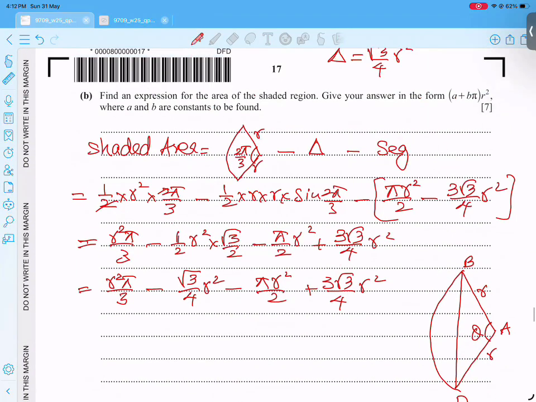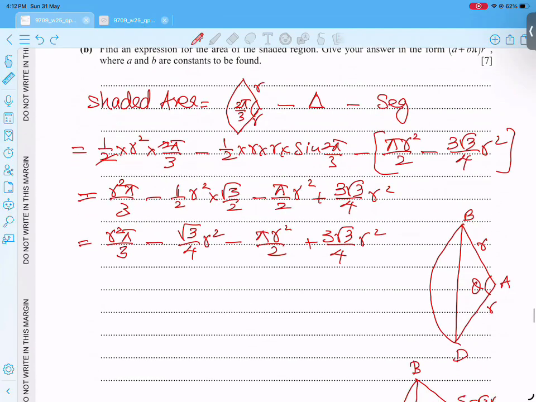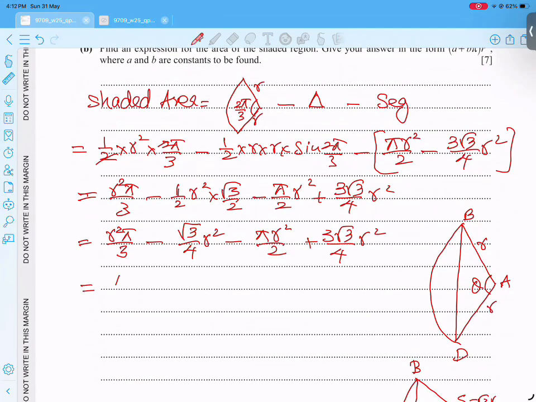What is my planning to get? I think r square is common throughout. What is left behind? Pi over 3 minus root 3 over 4 minus pi over 2 and plus 3 root 3 over 4. And I get r square out.